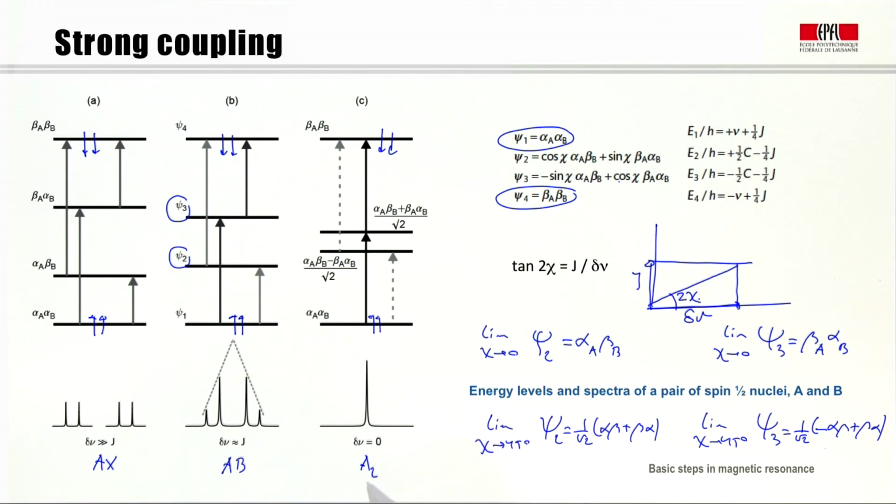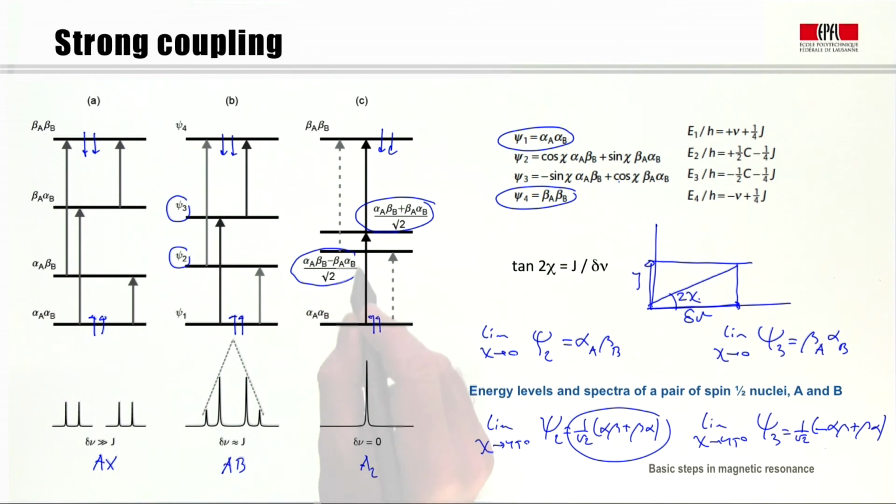Now you notice that in the case of the A2, there is this symmetrical linear combination, which is what we have here. This is symmetrical in the sense that if you do a permutation of spins A and B, this wave function doesn't change. It is invariant to a permutation and is known as totally symmetric.